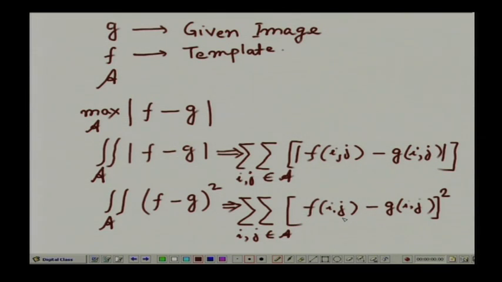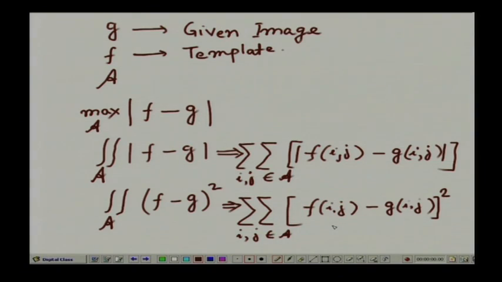If I say that f(i,j) minus g(i,j) is the difference between two images, or the error, then this last expression, the double integration over A of (f minus g) squared, in the digital domain becomes the double summation over the region A of (f(i,j) minus g(i,j)) squared. This is equivalent to the sum of square error.